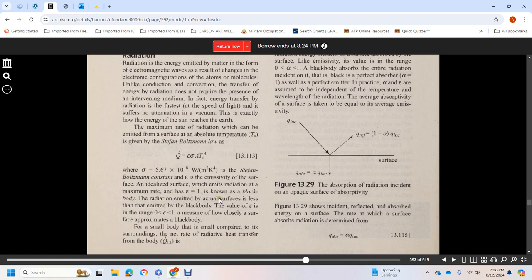The radiation emitted by an actual surface is less than that emitted by a black body. The emissivity, in the range of 0 to 1, measures how closely the surface approaches a black body. For a small body that is small compared to its surroundings, the net rate of radiation heat transfer is q12.